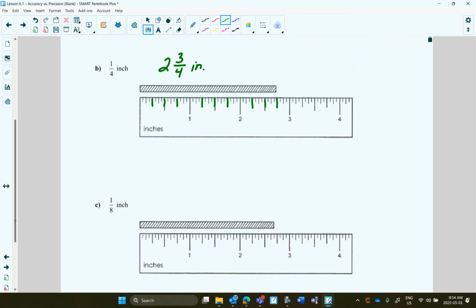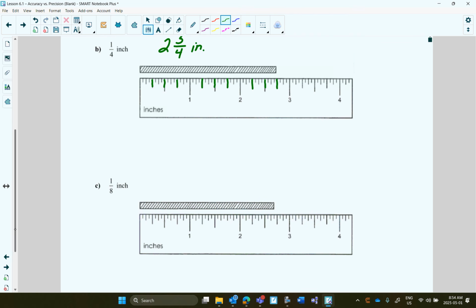The next longest notches, or the second shortest notches, split it into 8ths. And that also includes the quarters and the halves. Because a quarter is 2/8, a half is 4/8, and 3/4 is 6/8.